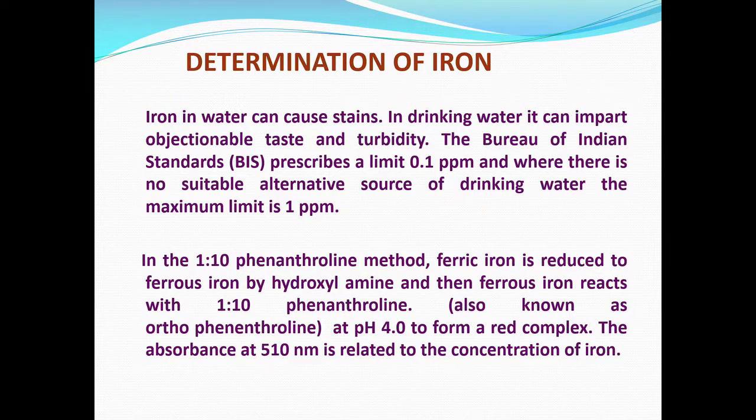So, it is important for us to first reduce the ferric iron to ferrous, and then react it with 1,10 phenanthroline, also known as orthophenanthroline, and at pH 4 it forms a red complex. The absorbance at 510 nanometer is related to the concentration of the iron.